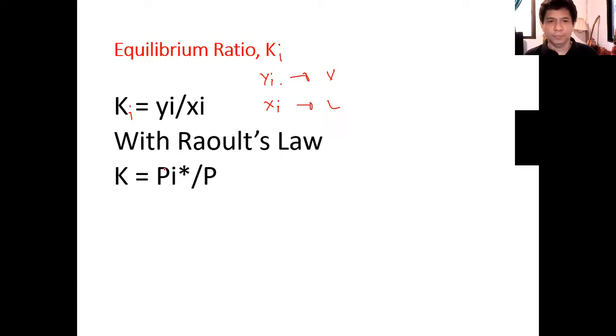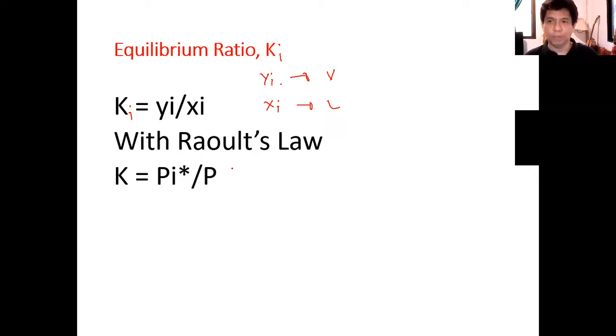Question? Okay. So in order to approximate K sub i, in order to calculate the liquid vapor separator or flash distillation manually, we need to do some simplification. We need to assume that the system follows Raoult's law.